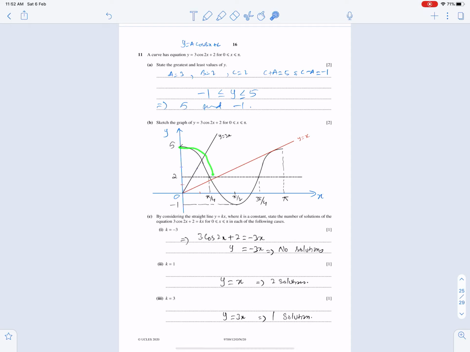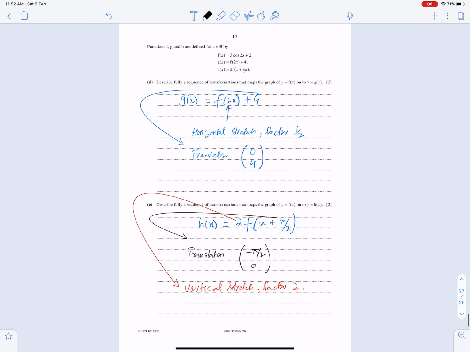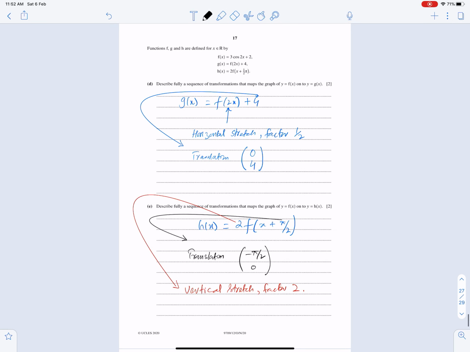When you draw a proper curve, you can easily get two solutions. And this line was missing, y is equal to minus 3x. This is y is equal to negative 3x. And this is the solution of this part, D and E. Horizontal stretch factor half, translation, vertical stretch.